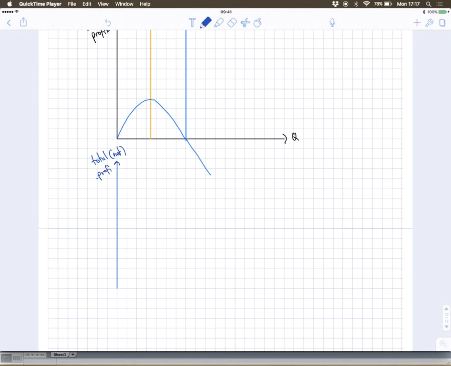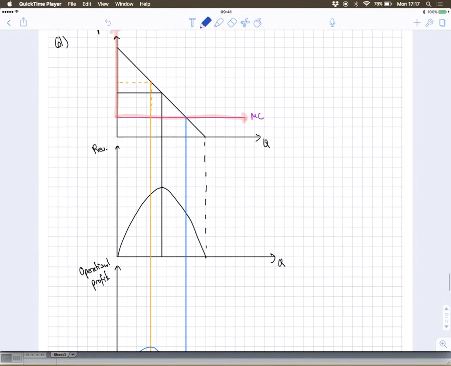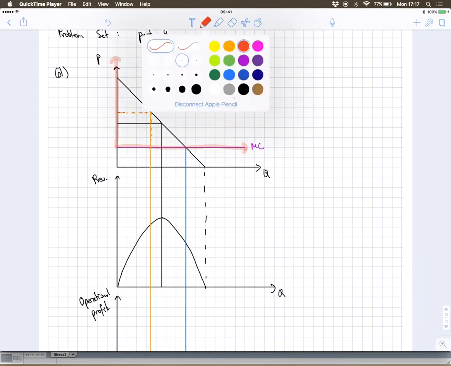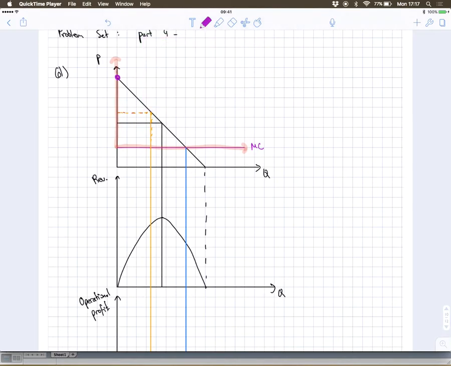Sorry, I don't understand why operational profit peaks at that point. So this bit here will peak at this point, because now all of a sudden you realize that by expanding production, the price gets closer to that marginal cost, right? What is your profit going to be at this point here?